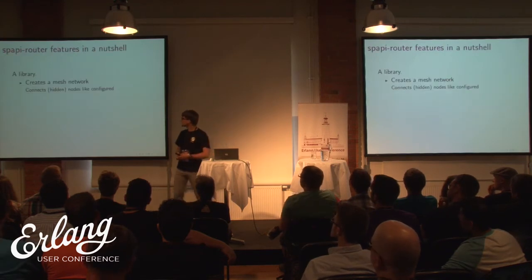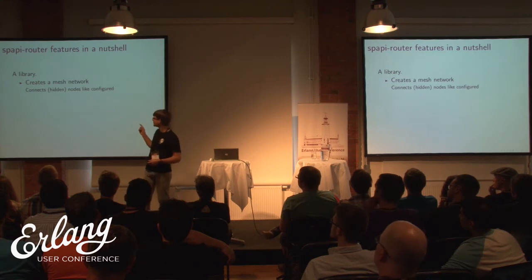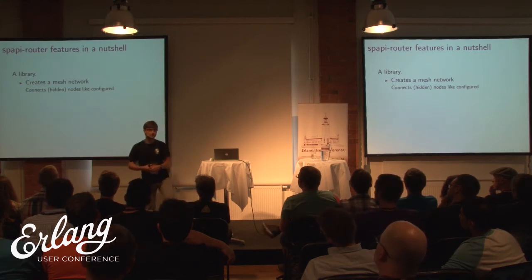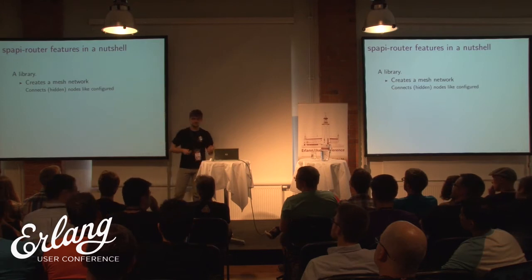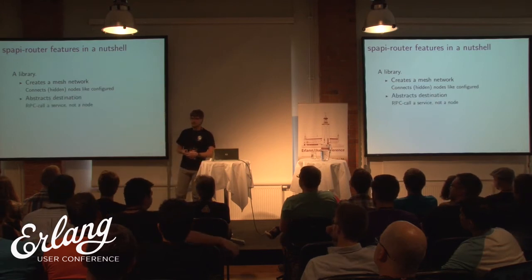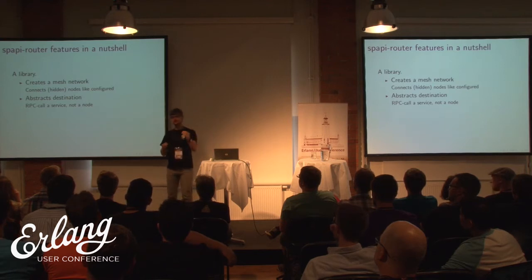Features, shortly. Like I told you, it creates a mesh network. In our case, it connects hidden nodes, the way the topology is configured. It abstracts the destination. Instead of calling a different node, you want to call a different service.